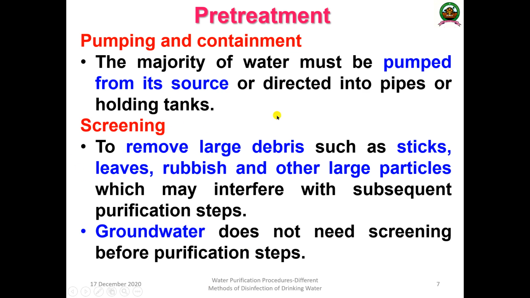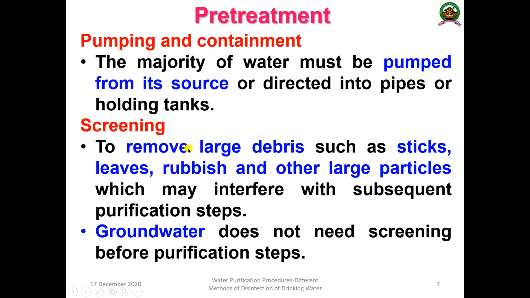Once it reaches the holding tank, preliminary screening happens to remove larger debris such as sticks, leaves, rubbish and other large particles such as curtains, boxes, plastic bottles, chappals, cloth, all such things, which may interfere with the subsequent purification process.